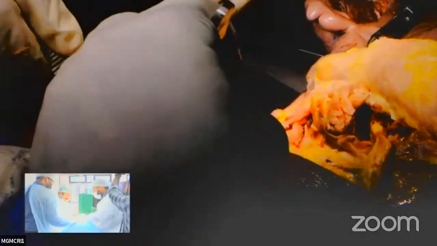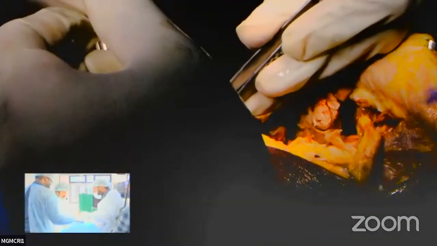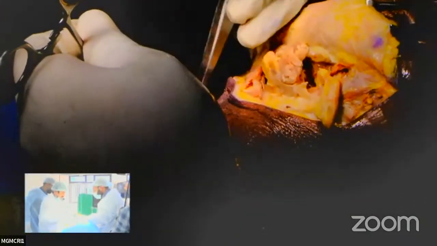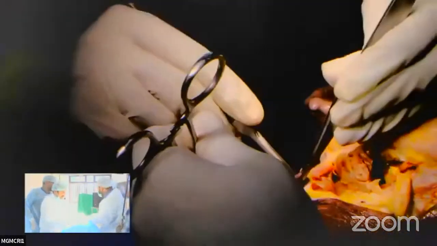So as we did before, we'll use our Allis forceps. Hold it. Take one more. The entire head and neck surgery happens in planes. It's all about traction and counter traction.